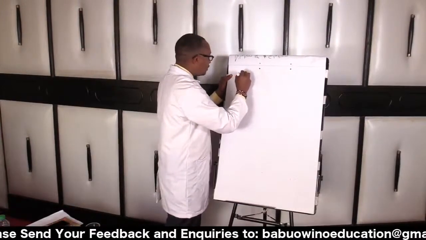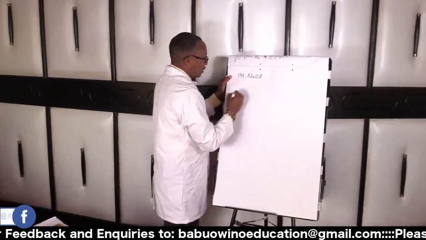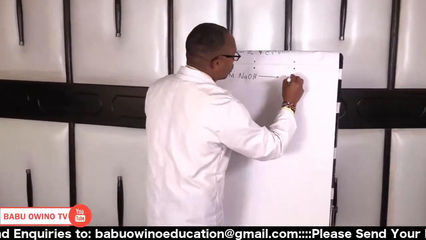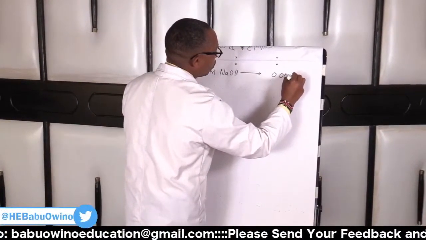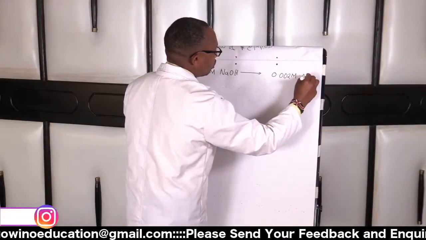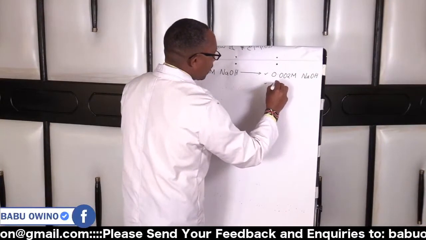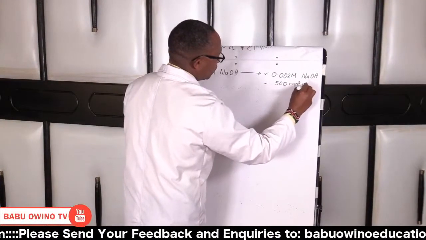1 molar sodium hydroxide. And I want from here to dilute it to 0.002 molar sodium hydroxide for about 500 centimeters of solution.